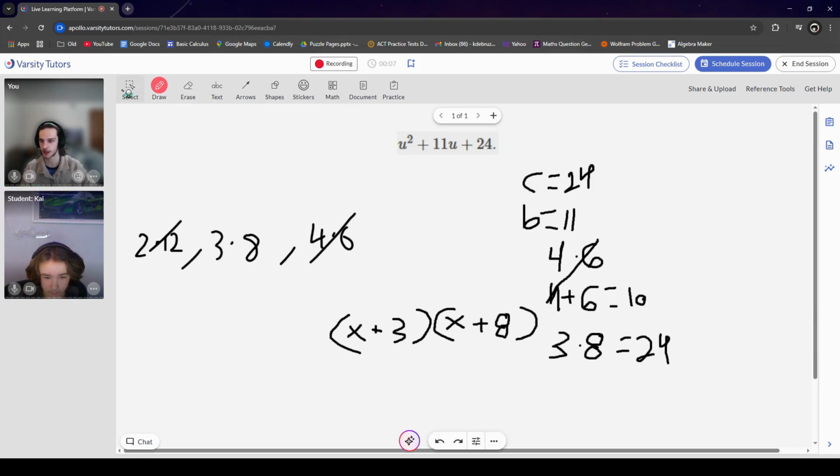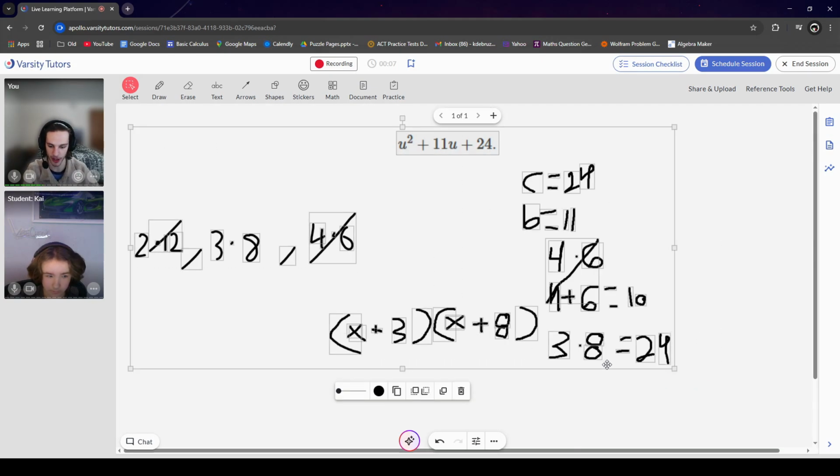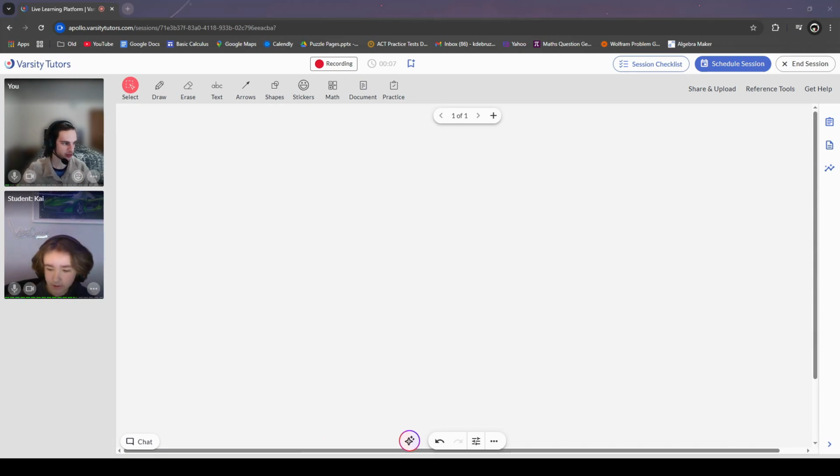Exactly. Very good. So that doesn't seem too bad. I still struggle on finding them. No, that's okay. It takes some multipliers and practice. There we go.